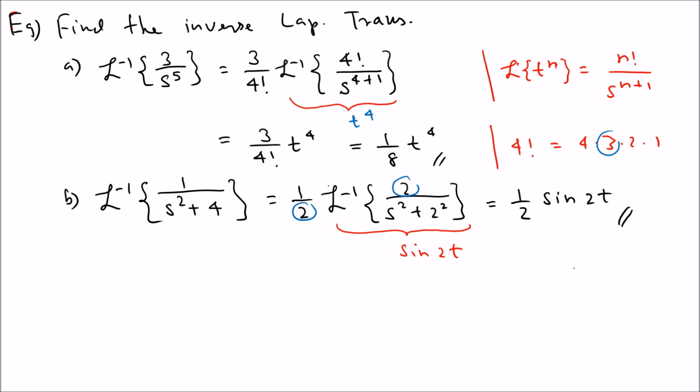Let's say the third one, L inverse of 3s plus 2 over, let's say, s squared plus 5, something like that.